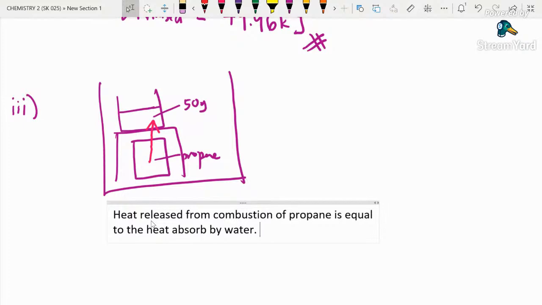Kenapa? Because this is an isolated system.